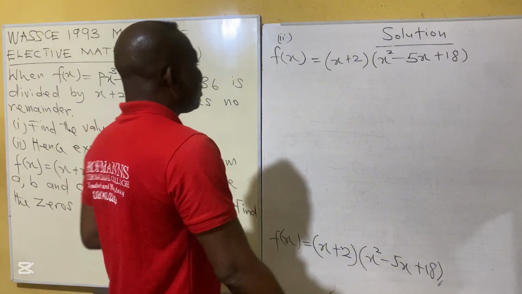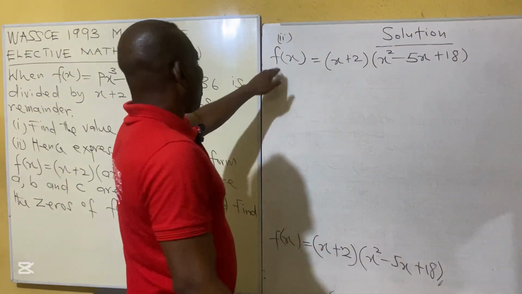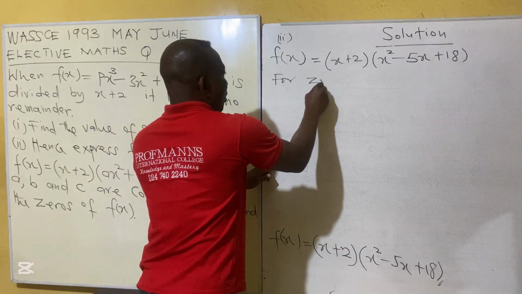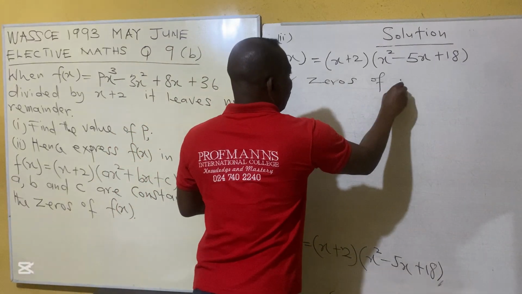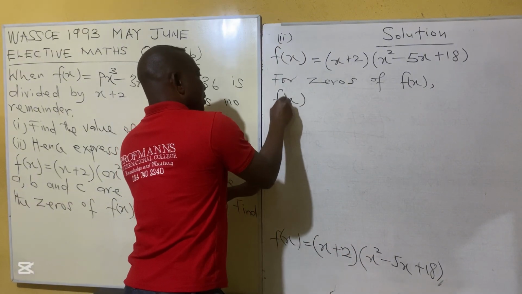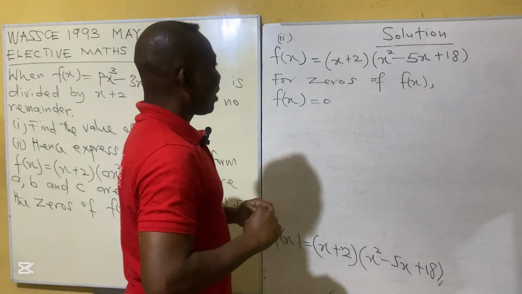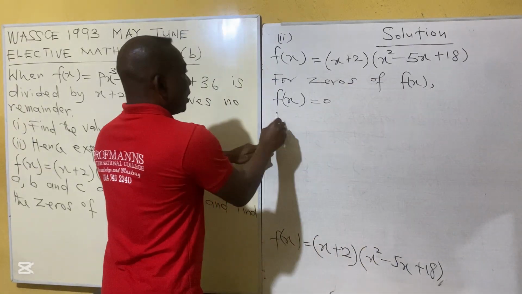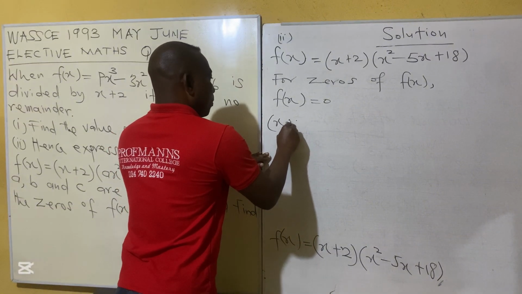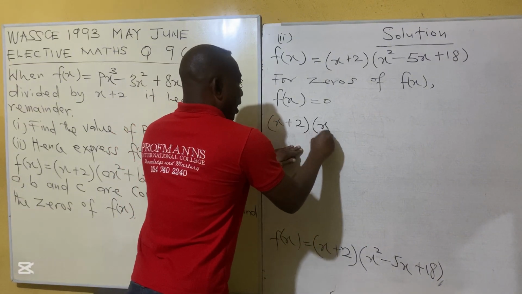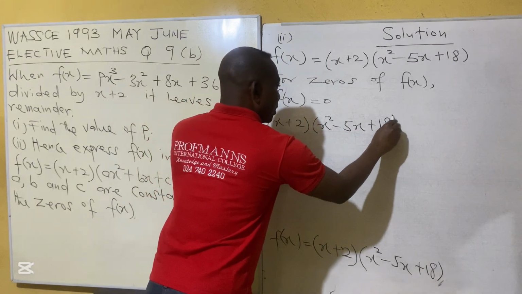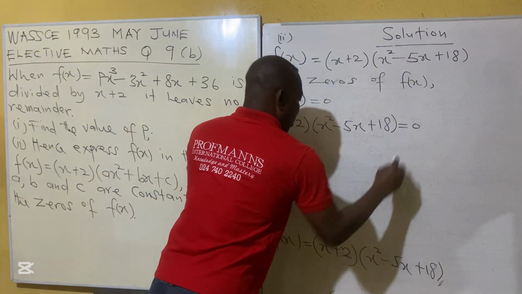The question says that we should find the zeros of f of x. So for the zeros of f of x, we have f of x is equal to 0. So we are going to equate this to 0. This gives us x plus 2 times x squared minus 5x plus 18 is equal to 0.